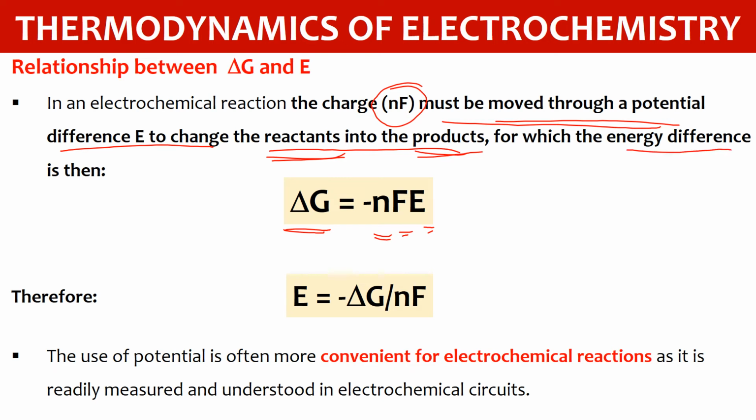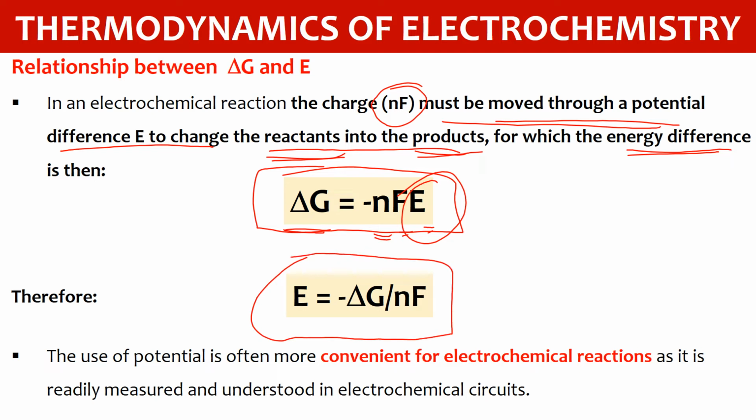Then the energy difference must be equal to the change in Gibbs free energy. Hence delta G is equal to negative nFE. If we make the potential the subject of the formula, E is equal to the change in Gibbs free energy over nF.